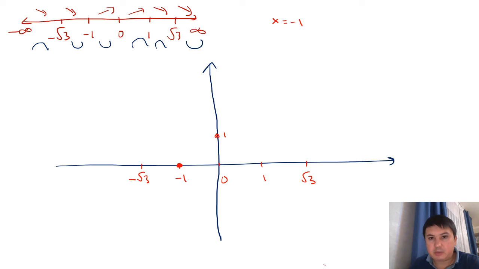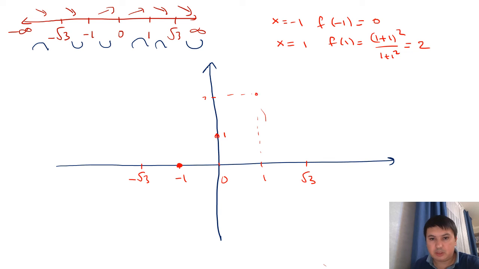At x equal to minus 1, the function is 0. So at x equal to 1, what is the function? It's (1 plus 1) squared, so this is 4 divided by 2, which is 2. So here's my 1, here is 2.